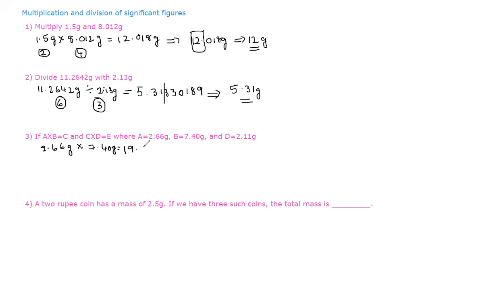So this one will be equal to 19.684 grams. As we have studied here, in this number there are 3 significant figures, and in this number there are 3 significant figures. So your final answer here has to be rounded off to 3 significant figures, up to here. But here 8 is present, so obviously you add 1 digit here, so it will be 19.7.